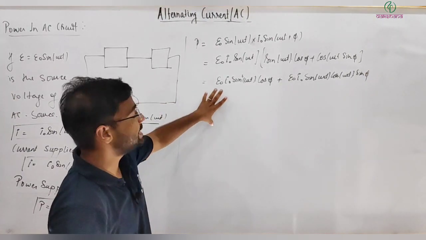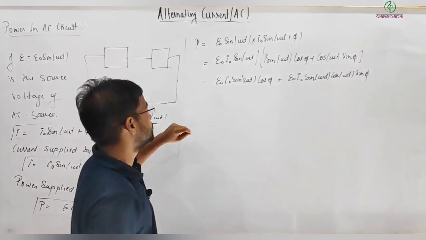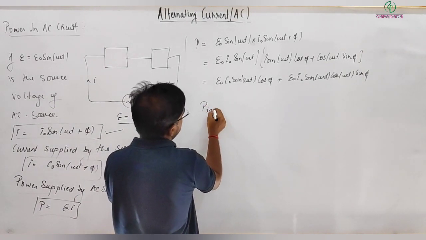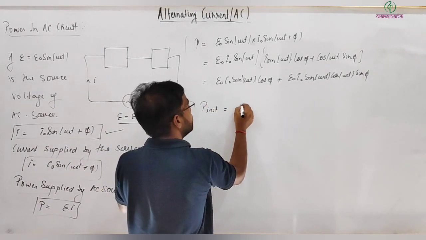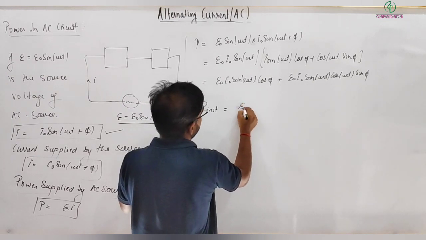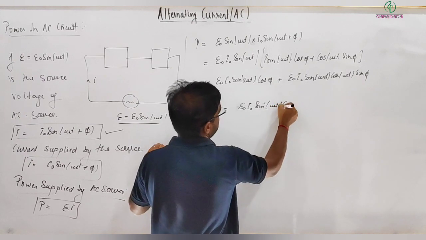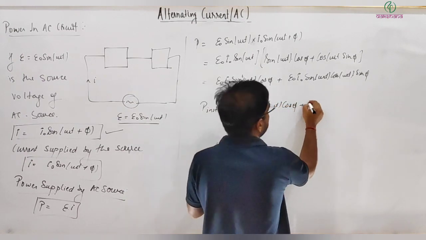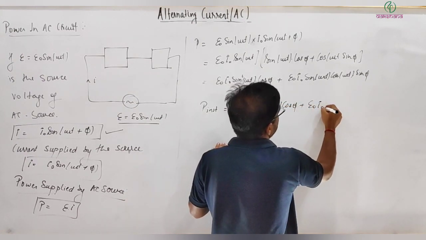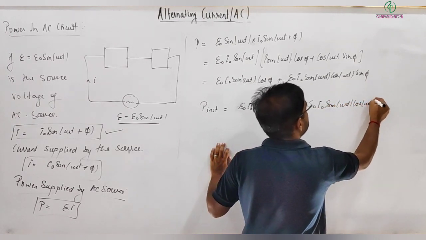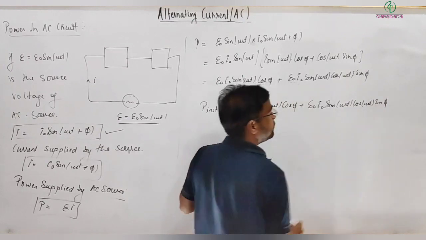So this is the instantaneous power. I can write P instantaneous as E naught I naught sine square omega t cos phi plus E naught I naught sine omega t cos omega t into sine phi.